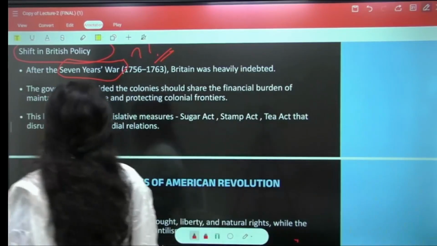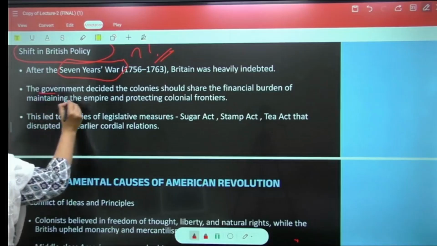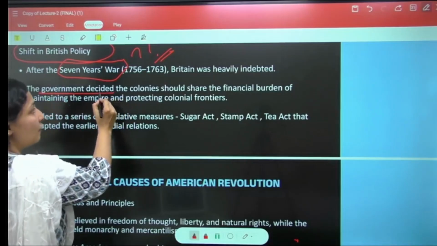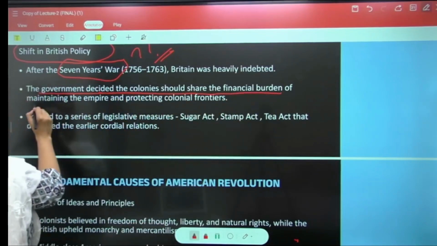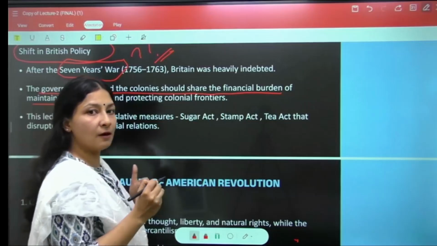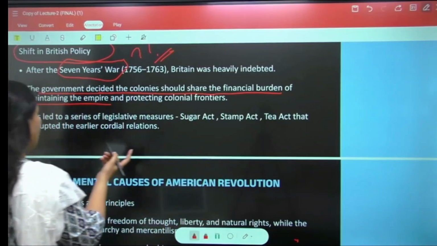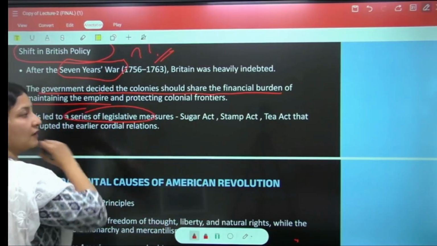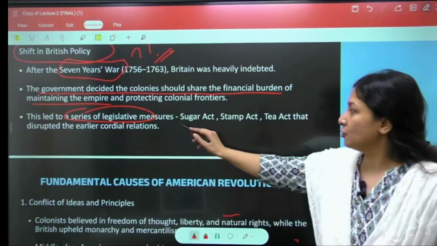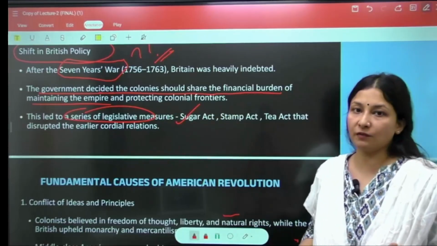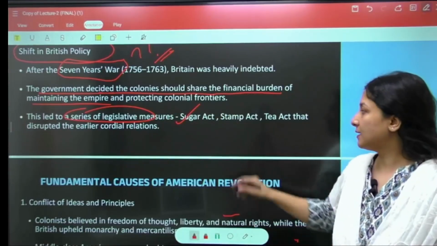Now the government decided the colonies should share the financial burden of maintaining the empire. So they imposed a series of legislative measures on even mere items like sugar tax. If you have to eat sugar, you have to pay the tax.